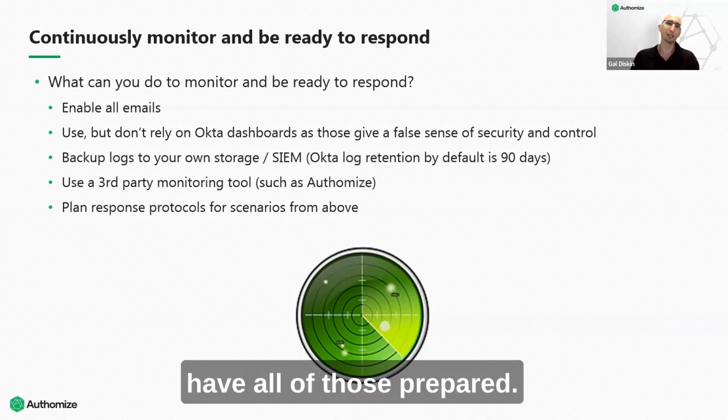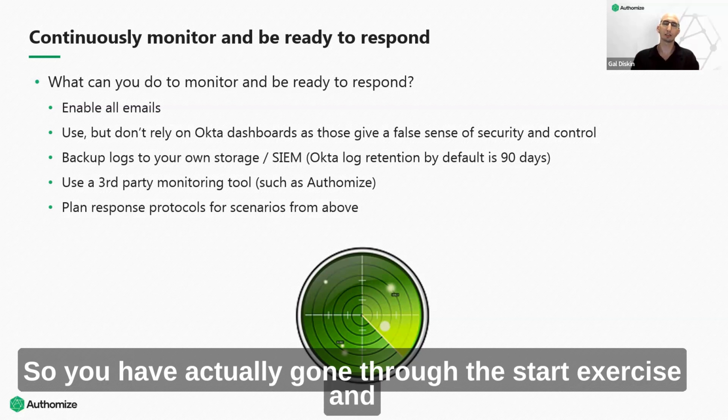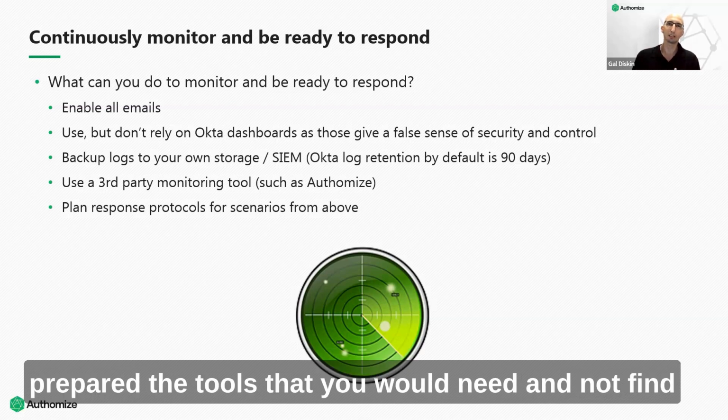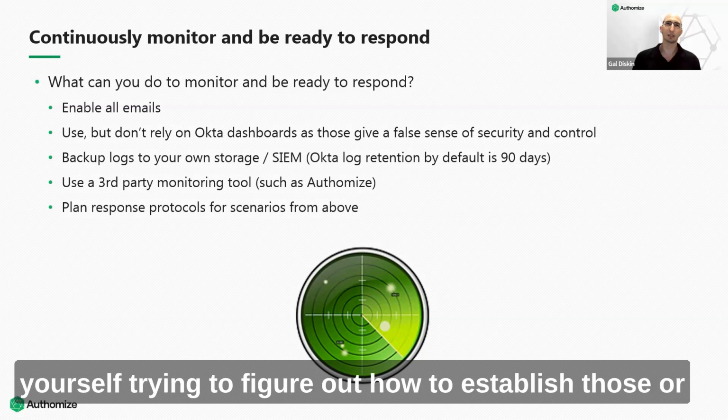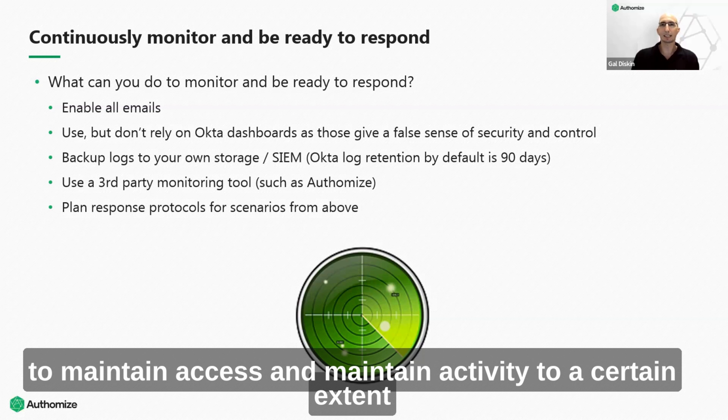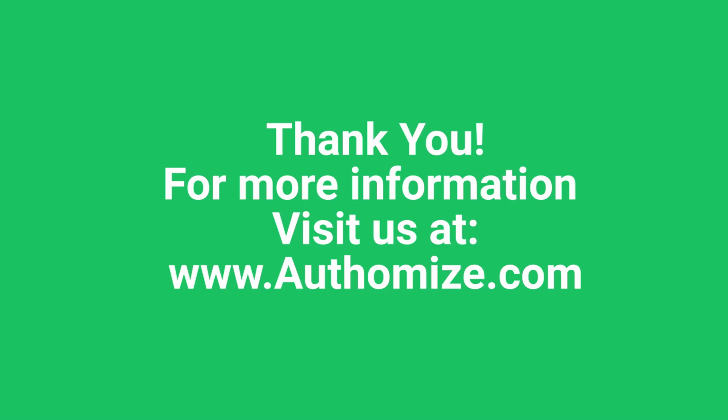Have all of those prepared, so you have actually gone through the exercise and prepared the tools that you would need, and not find yourself trying to figure out how to establish those or to maintain access and maintain activity to a certain extent when you are in a critical situation.